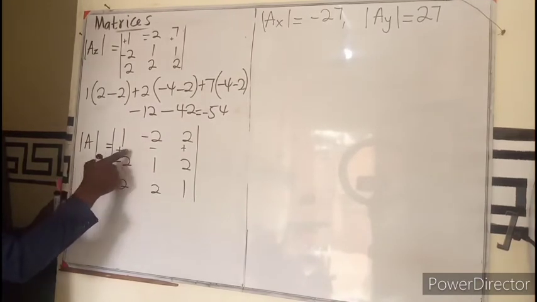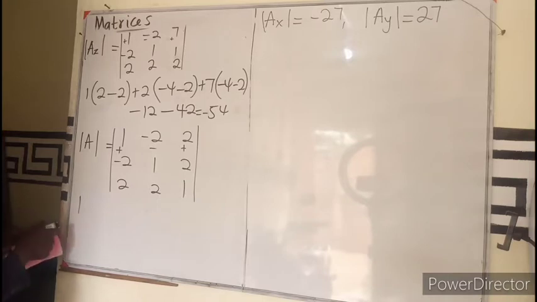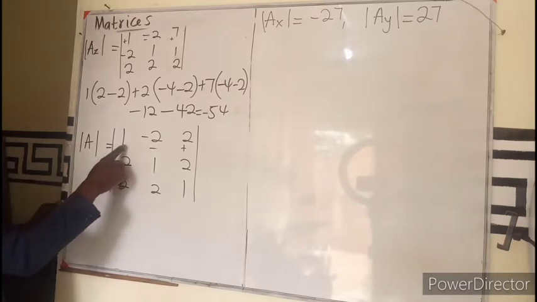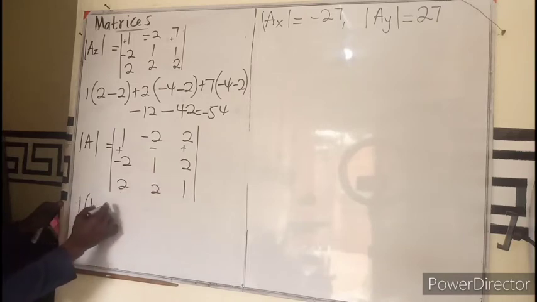We have plus, minus, plus. So what do we do? Plus 1 into bracket. If you pick everything away, this is going to be 1 minus 4.